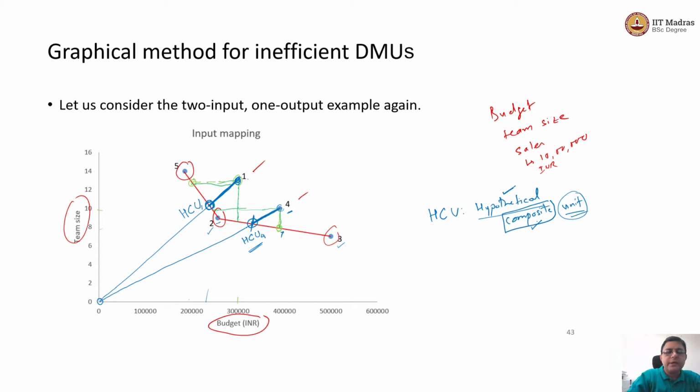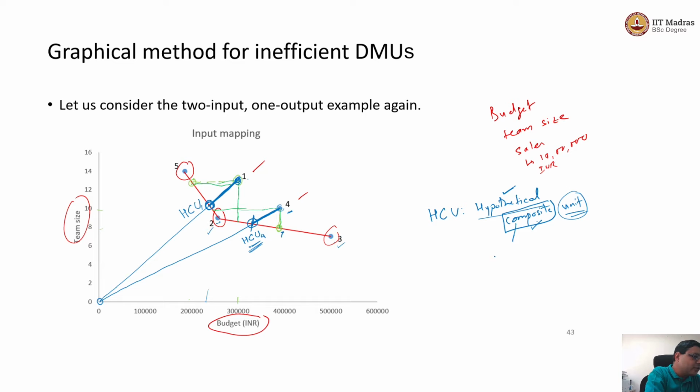Now we are going to argue that HCU4 is a composite essentially prepared from 2 and 3, because it is the intersection of the blue line with the line passing through 2 and 3.